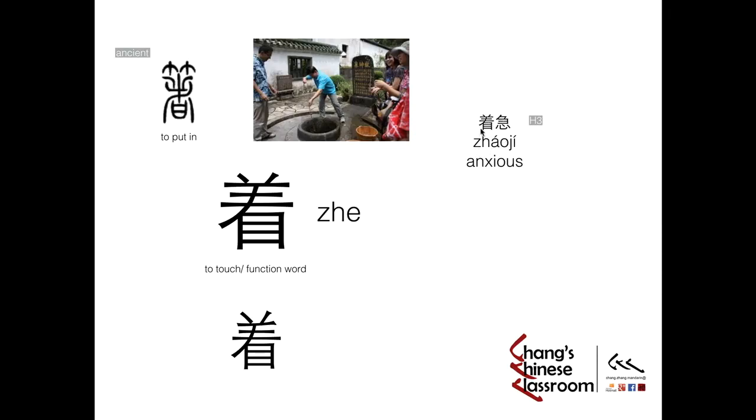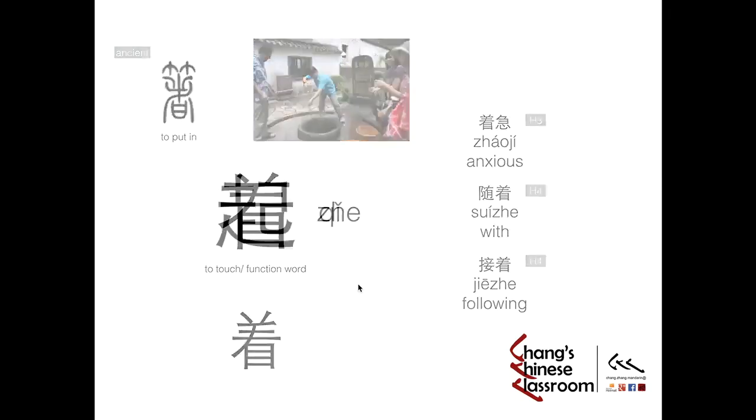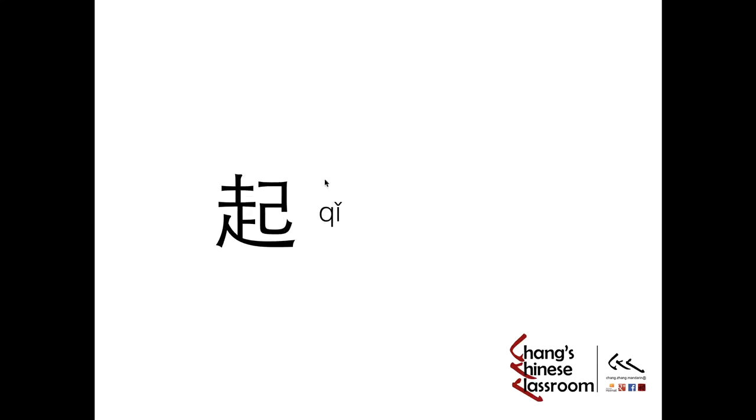To touch your nerve makes you anxious. And 随着, 随 means follow, and altogether follow to touch something with. And this one 接着 means to receive, and this 这 here functions as next to, so something next to this, following.